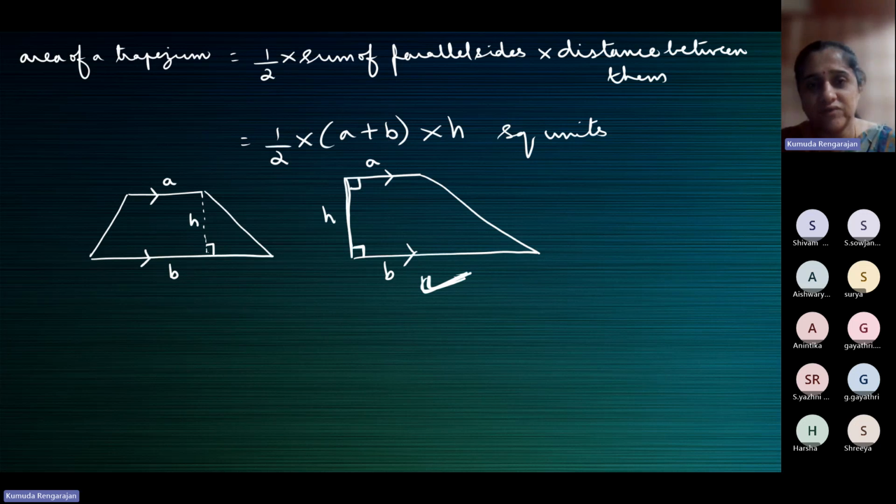While you see here in this first figure, this side and this side are not perpendicular to the parallel sides. In that case, this one is the perpendicular distance between the parallel sides. So half into A plus B into H.